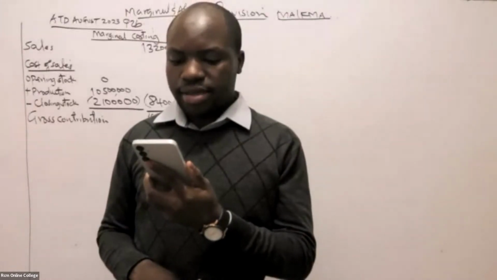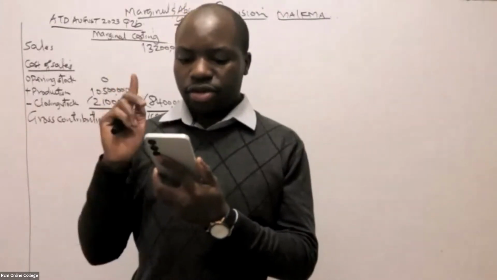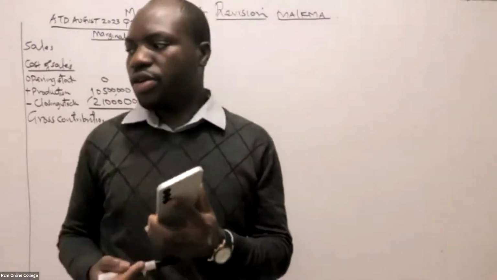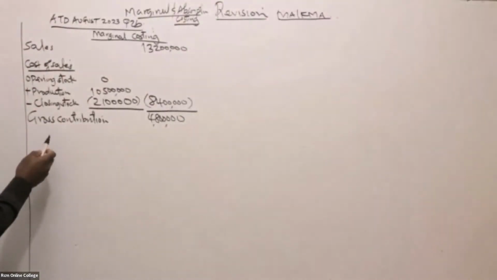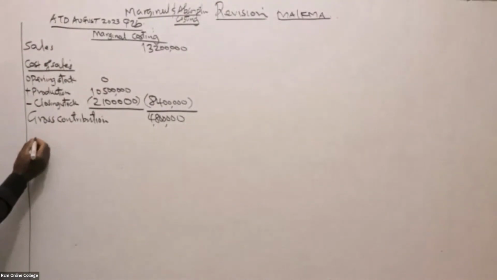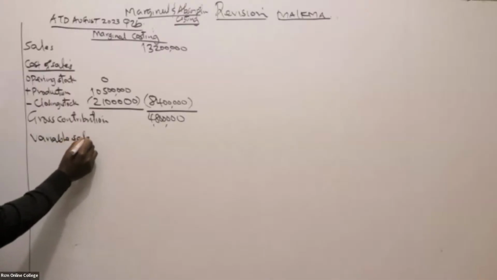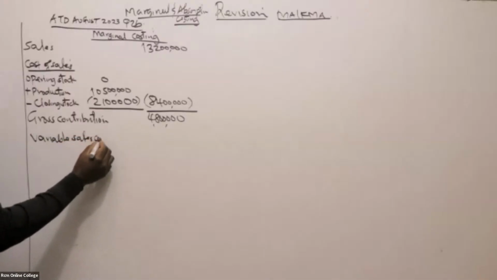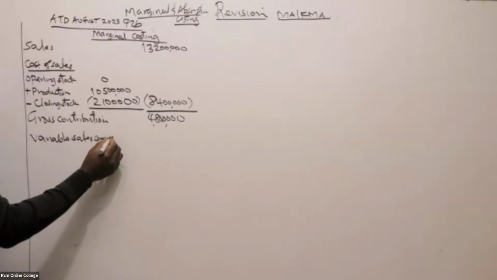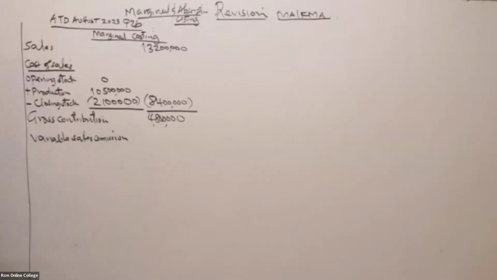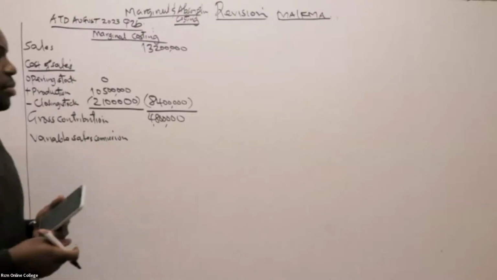Yes, so under sales and admin costs, the first thing you are able to see there is variable sales commission. So how much is the variable sales commission? The figures are given in thousands, that is 300,000. Now what is happening is this.